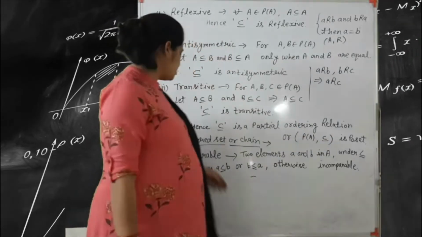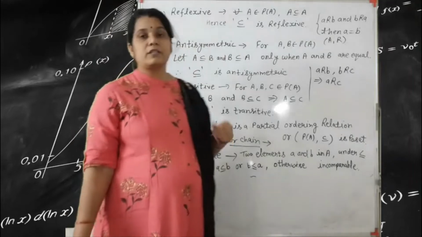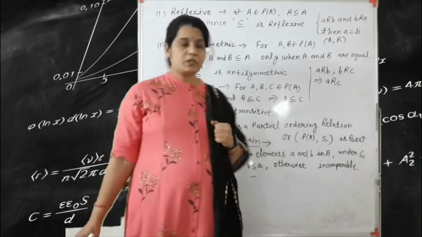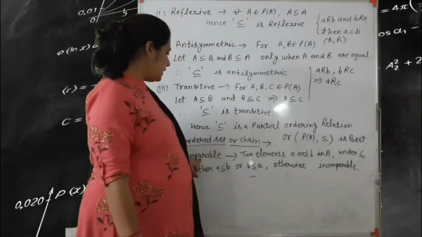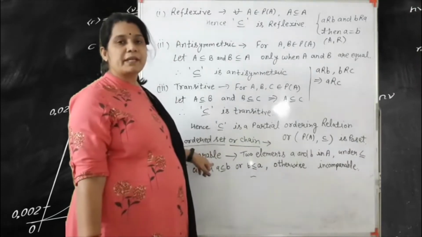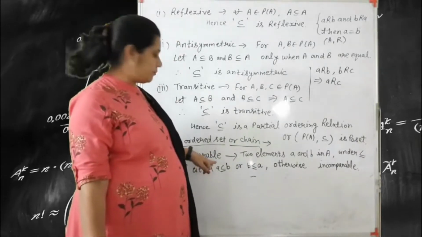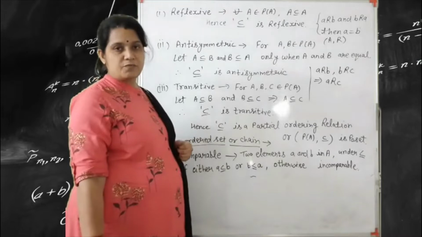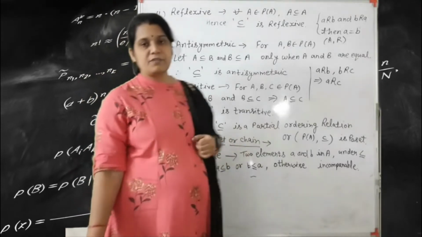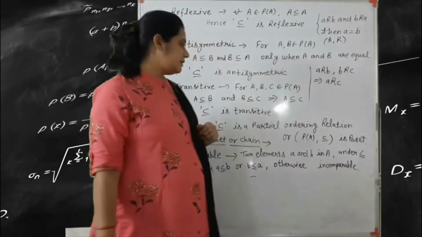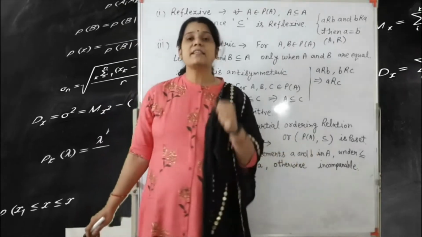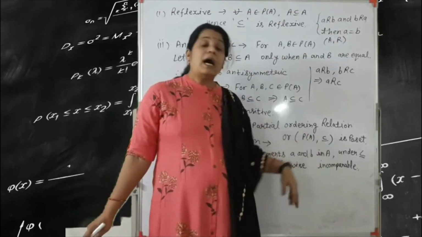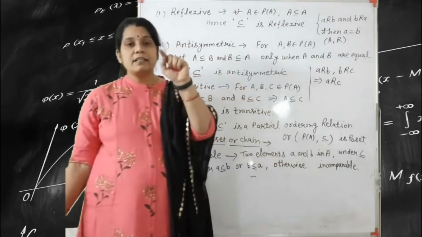Next is the definition of a totally ordered set or chain. Here we use the comparable and incomparable property. Comparable means what? We have two elements A and B in set A, under the relation less than or equal to.